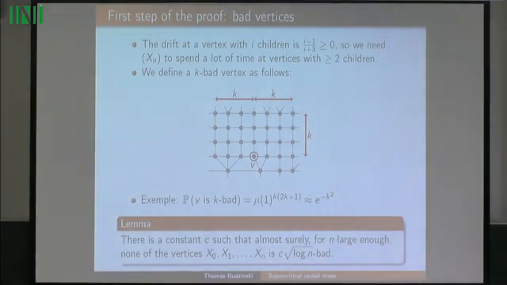More precisely, if I look at a fixed vertex, for V to be k-bad, I need all these k times 2k plus 1 vertices to have only one child. So the probability for V to be k-bad decays very quickly in k, like exponential of minus k squared. So if the probability to be k-bad behaves like exponential of minus k squared, it seems natural to expect that if I visit n vertices, then the worst of all these vertices will be roughly square root of log n bad.